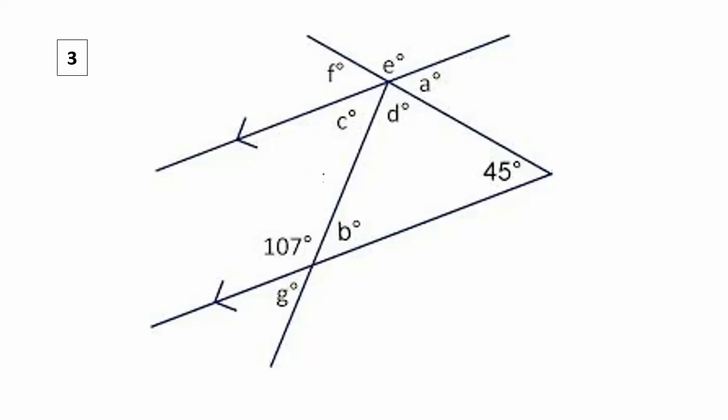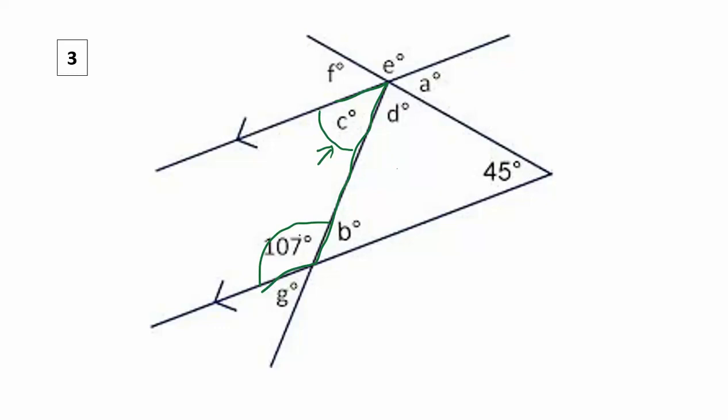Let's look at the easiest that we can look at now, and we look at angle C. Remember, you've got to know what to look for here. We've got parallel lines, and these two angles, 107 degrees and angle C, will give me 180 because they are co-interior angles.